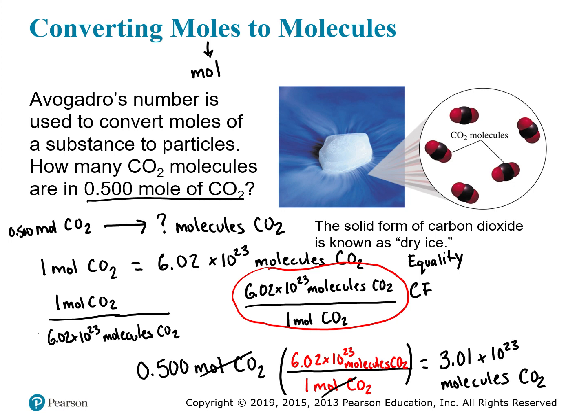And they're here to stay. So if you need a review of those things, go back to chapter 1, go back to chapter 2. That's where we did scientific notation, conversion factors and equalities, conversions. All of those things are still valid here.